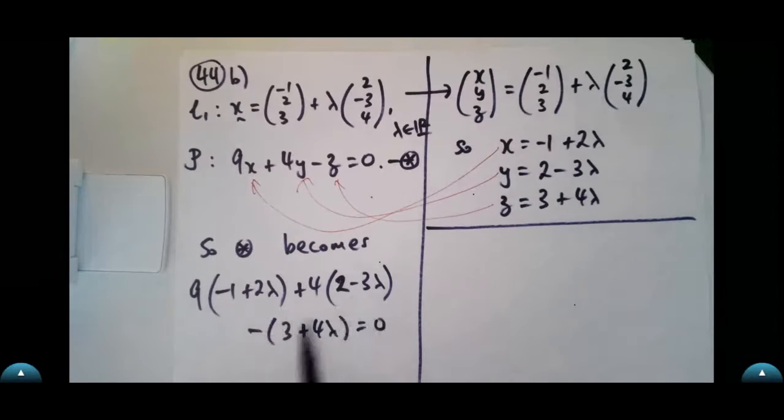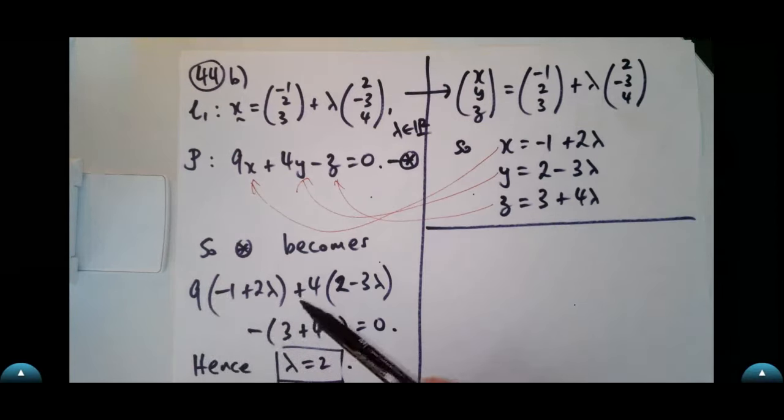Okay, so you just solve this for lambda, by making lambda the subject. You're going to get something like -4 plus 2 lambda equals 0.